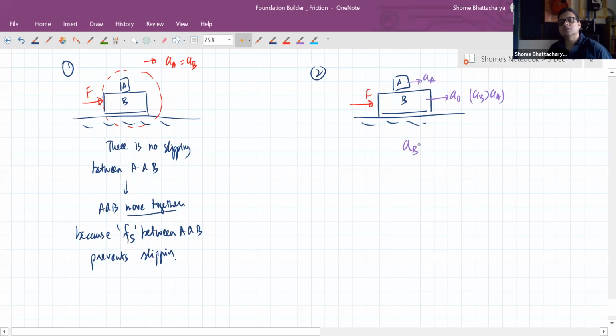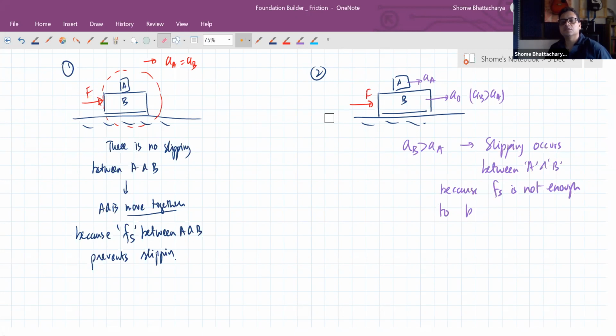So acceleration of B is greater than acceleration of A, that is slipping occurs between A and B because static friction is not enough to balance or to prevent slipping.